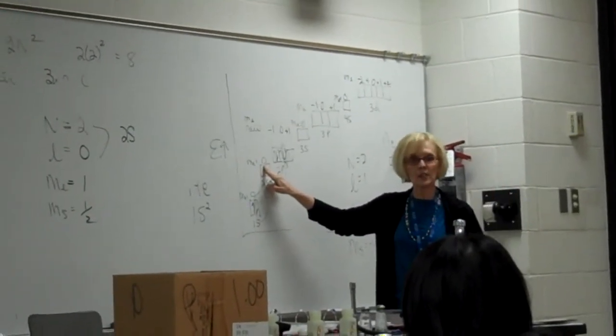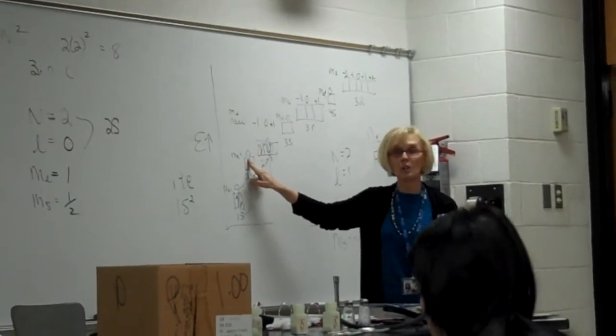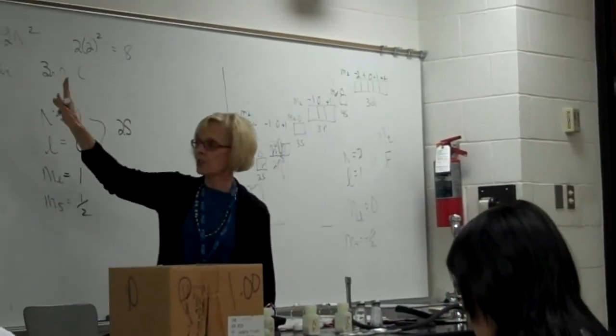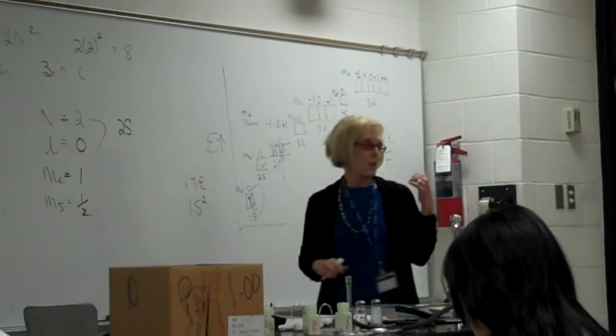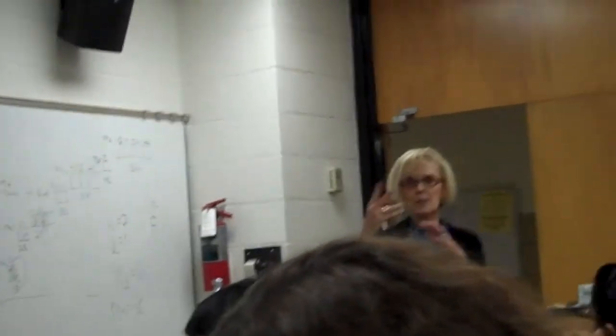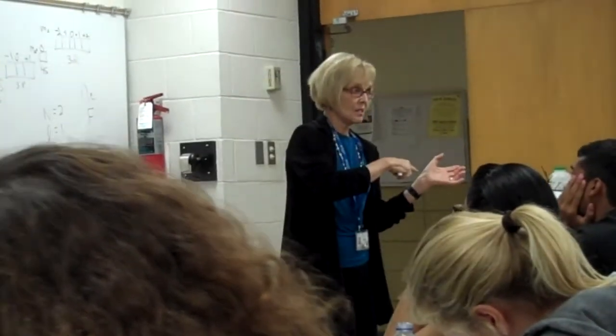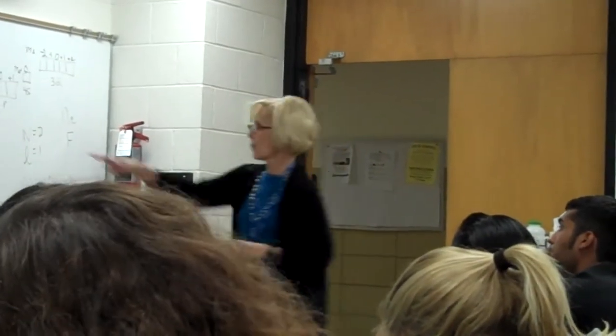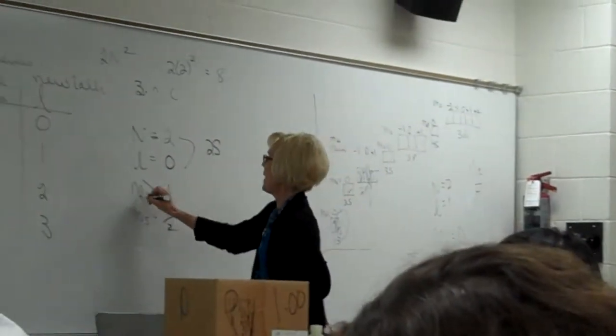Remember, only that one orientation in space for a sphere? And the math talk, if L is 0, M sub L can be minus 0 to plus 0. And of course, minus 0 to 0 to plus 0, it's all just plain old 0. So this one was bad.